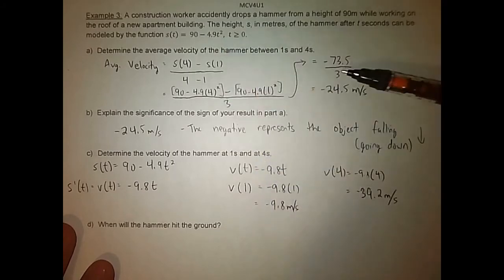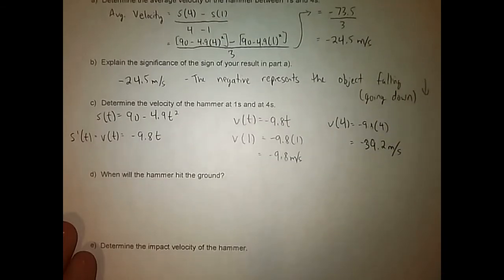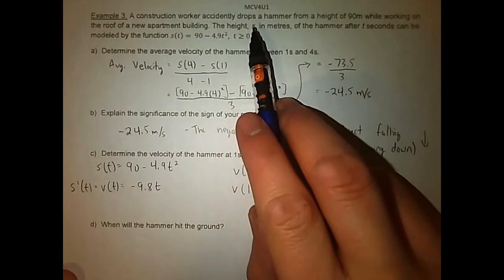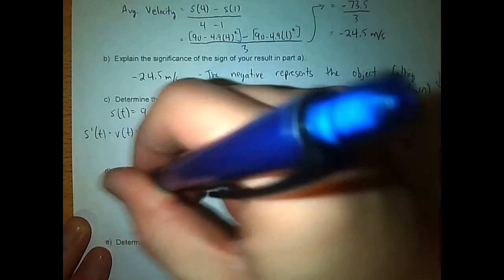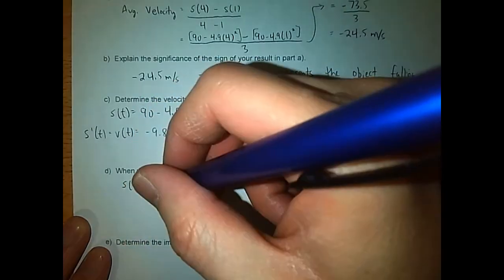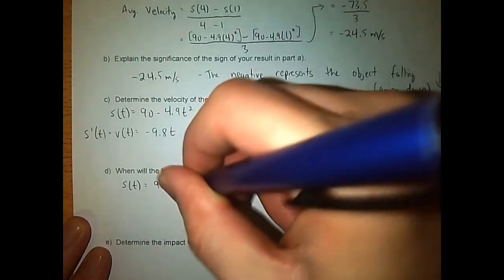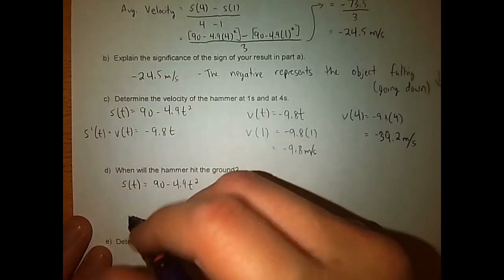We've learned some new things along the way, but some of these questions are still the same as they were in grade 10. So when will the hammer hit the ground? Well, if our equation is measuring the height off the ground, and we have S(t) is equal to 90 minus 4.9t squared, the hammer hits the ground when the height is at 0.